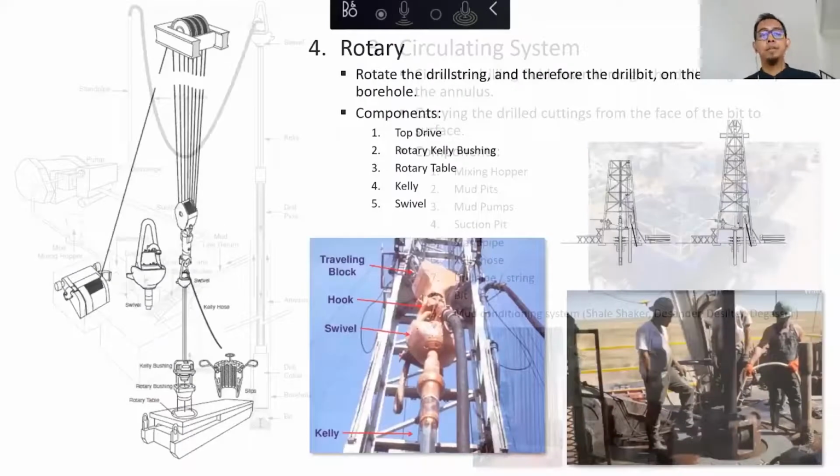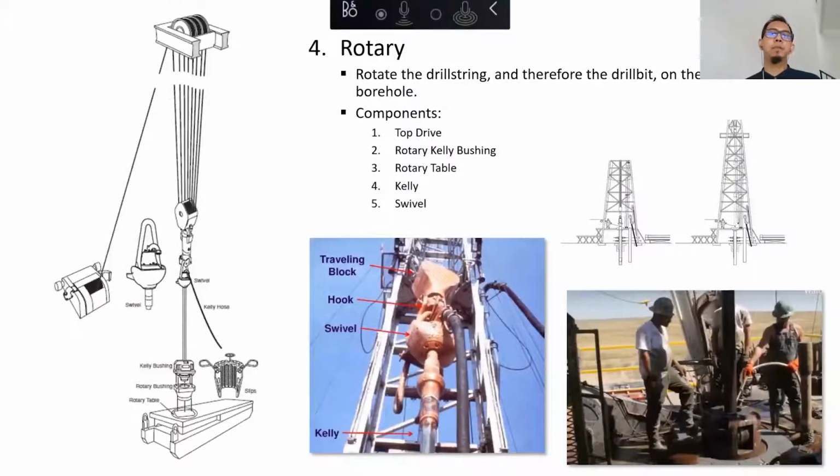The rotary system or rotating system, the function of this system is to rotate the drill string and therefore the drill bit on the bottom of the borehole. The rotating system basically gives the rotational force to the whole string, to the whole pipe, to the bit.